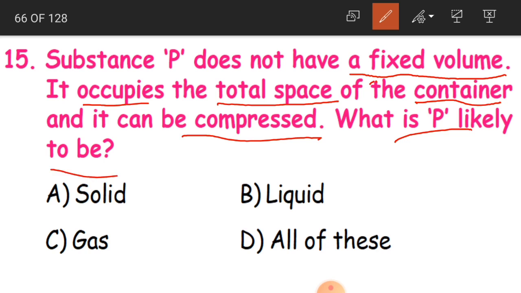For example, the balloon. What will be inside the balloon? It is nothing but gas, because gas does not have a fixed volume. When you blow air into the balloon, it occupies the total space inside the balloon, and it can be compressed also. So P is nothing but gas. So, C is the correct answer.